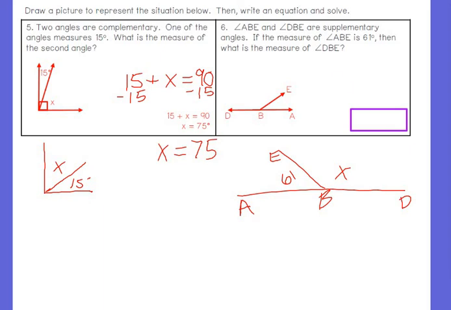X plus 61 equals 180. Okay, how would I solve that? Subtract 61 from both sides, and what does X equal? 119. Their equation is written different. Is that okay? Yes.